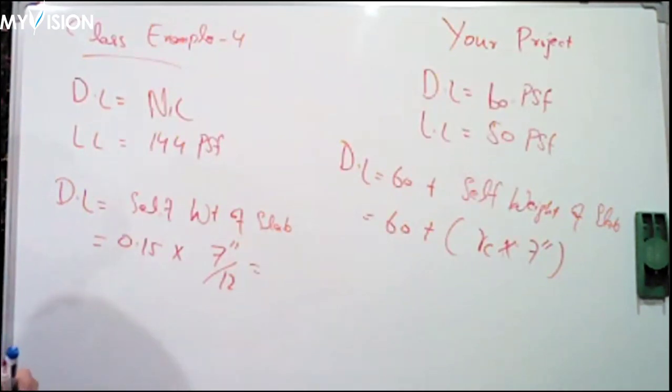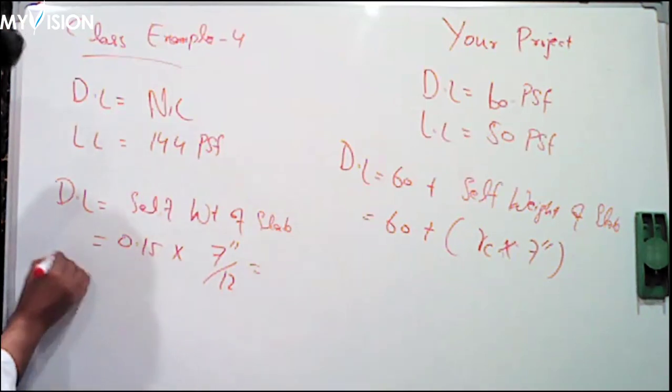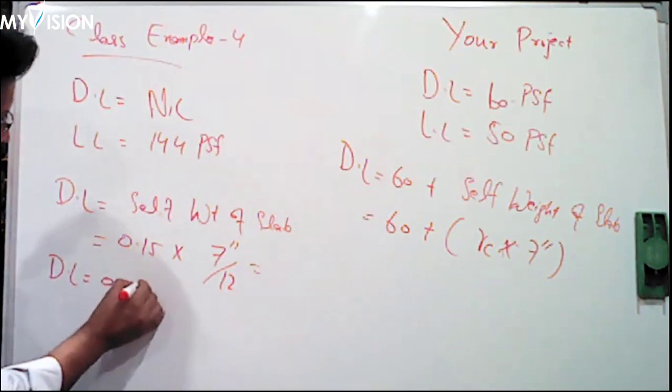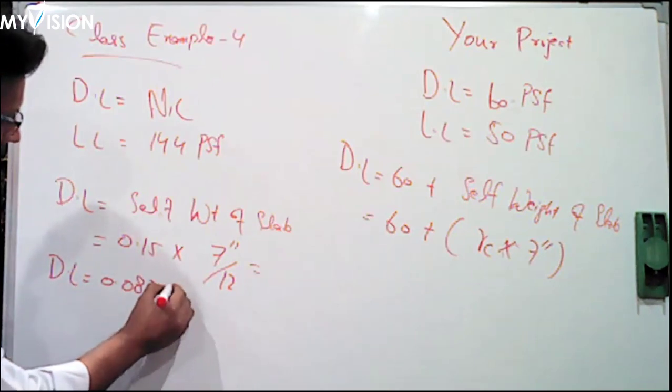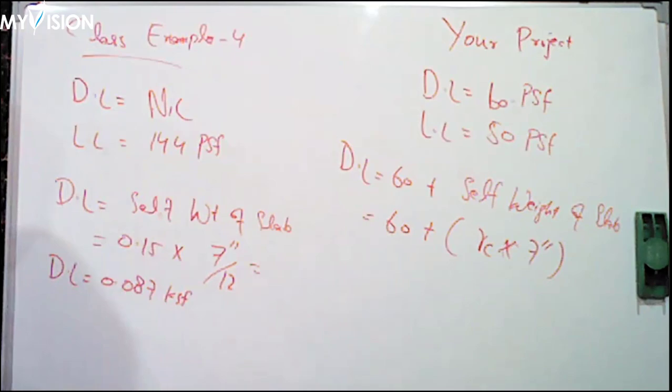Let me calculate. It is 0.087. Dead load is 0.087 KSF.